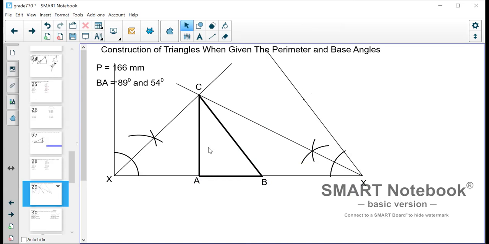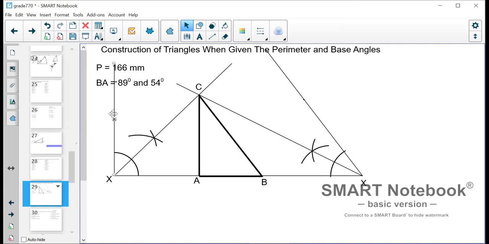That completes the construction. And there are no variations in relation to this except that the angles will change. So whatever angle is given, that is what you would need to obtain at the beginning. Now, why this here gives you 89 degrees is because it is parallel to this one that we started with.